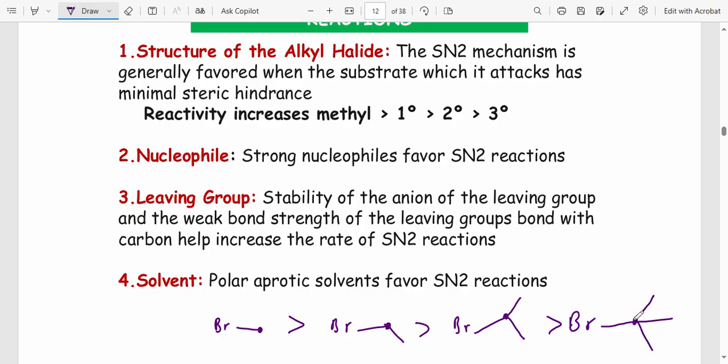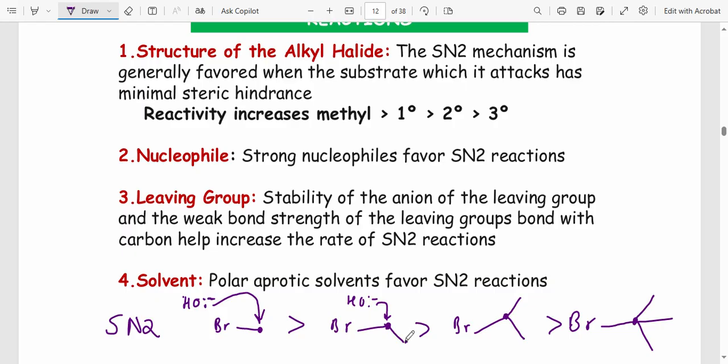This is tertiary. Now you need to explain why the reaction is going to be faster for SN2. It is faster because of the nucleophile. When the nucleophile is coming to attack here, it is going to attack more easily than coming to attack here. Why?